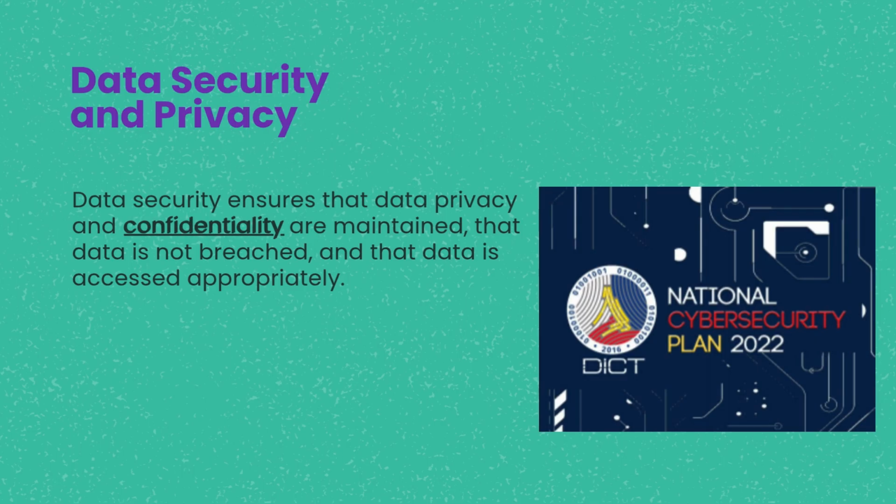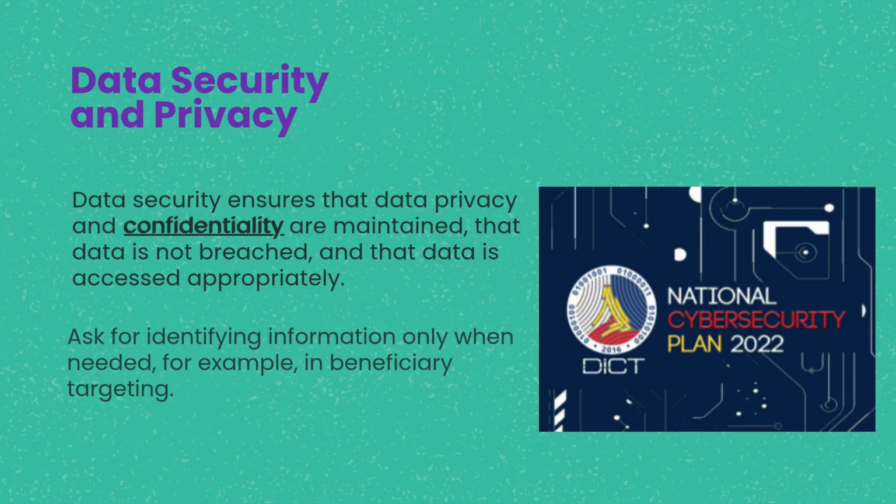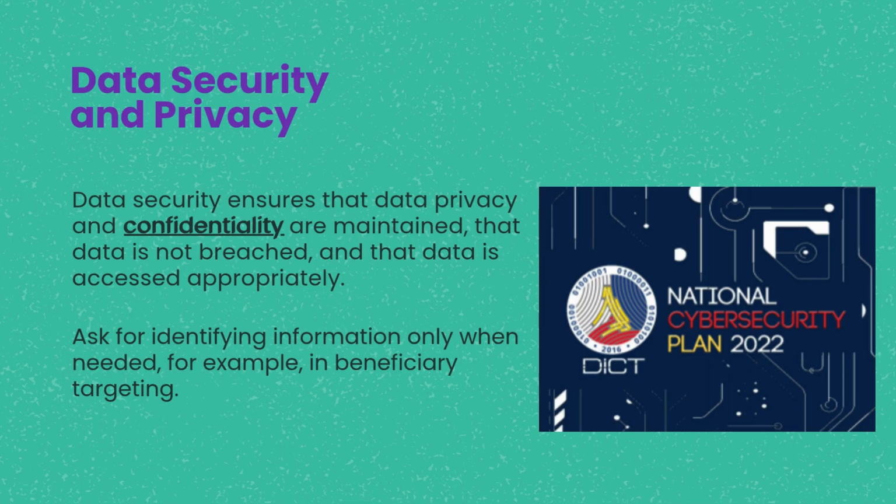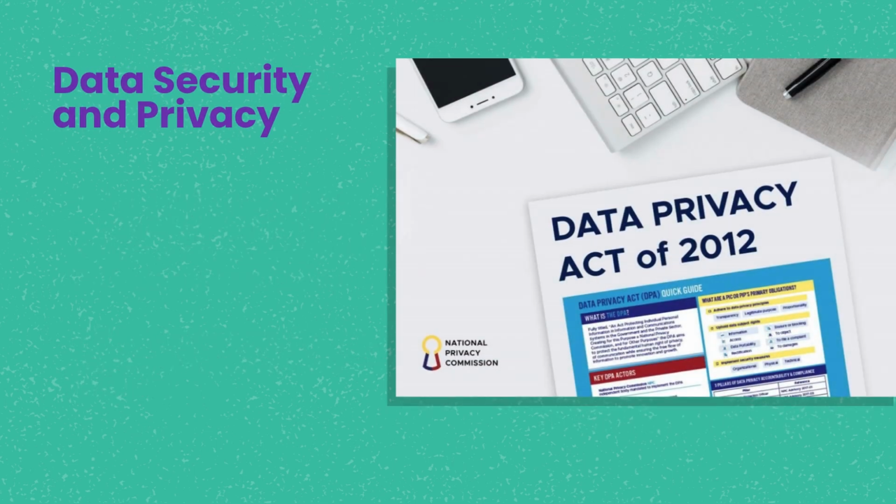Before you ask for private information, you should consider its purpose. If you are targeting beneficiaries, then it's okay to ask for names and other identifying information. However, if you only need consolidation of data for LGU plans and accomplishments, there's no need for names and allow them to maintain anonymity. This discussion falls further under data privacy.